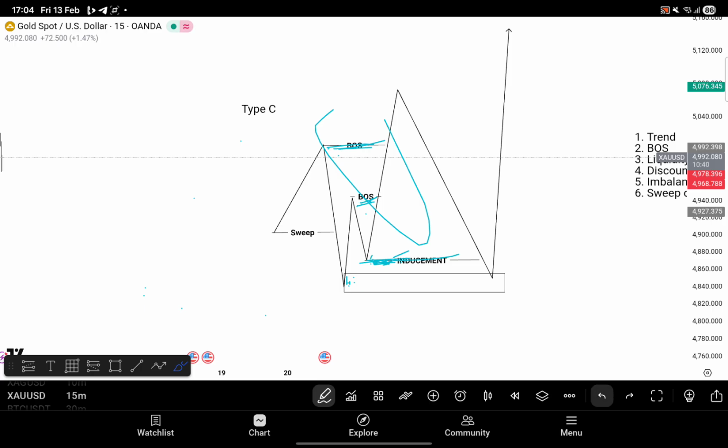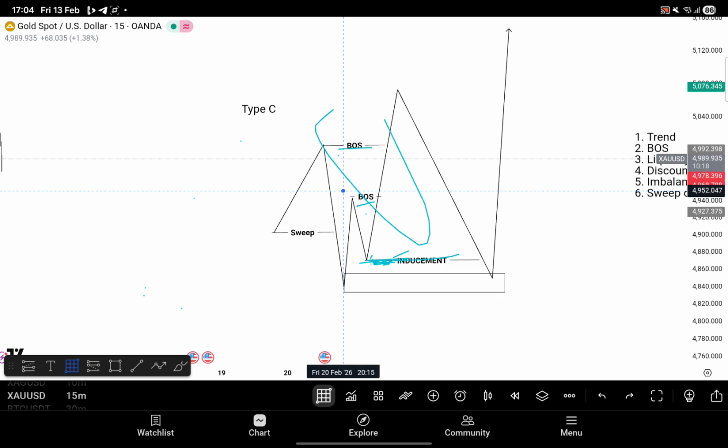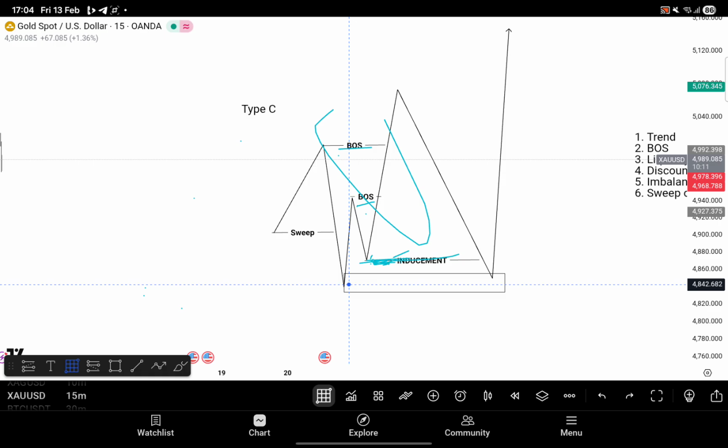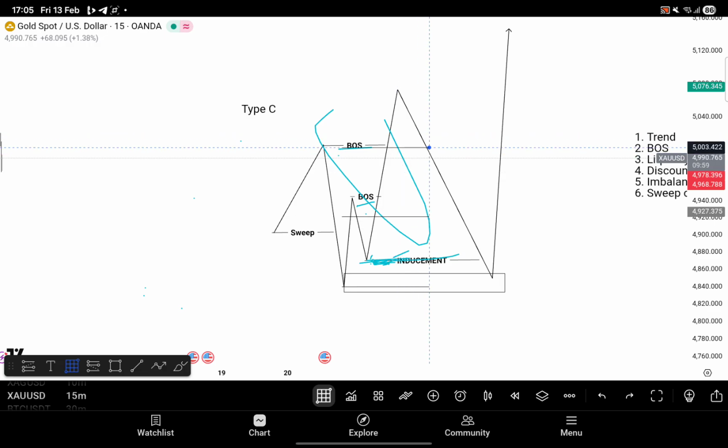And also, for the point of interest you are interested in, you want to be sure that the leg is within the 50% price leg. When you are buying an asset, a pair, something like that, you want to be sure that your point of interest is in the discount.